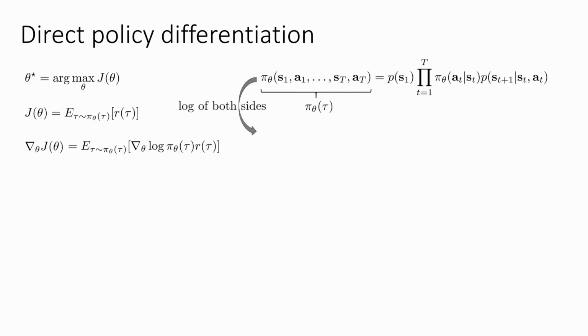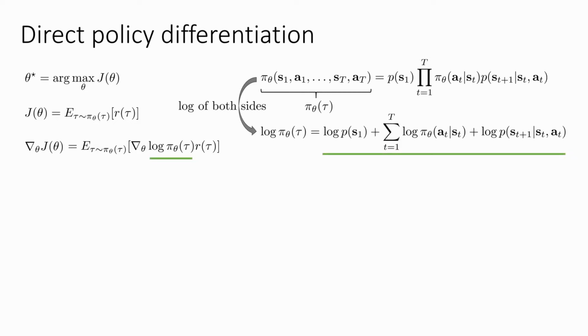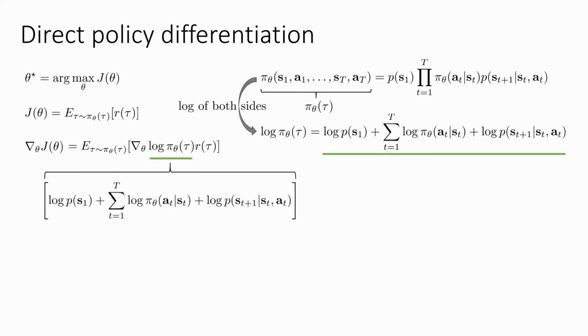Now when you take the logarithm of a product, you get a sum of logarithms. So if I take the log of both sides, I get log pi theta of tau is equal to this huge thing. But this huge thing basically consists of three types of terms: log initial state distributions, log transition probabilities, and log policy probabilities. So let's take that whole thing and substitute that in there for our log pi theta of tau.